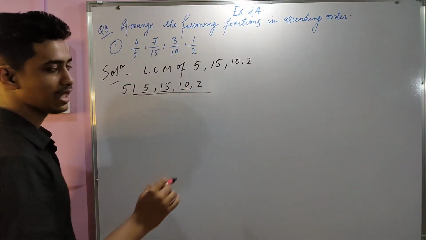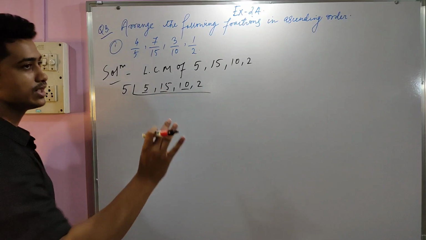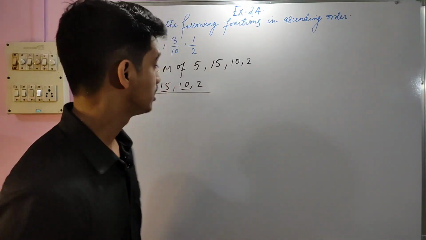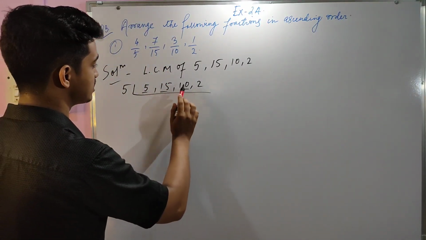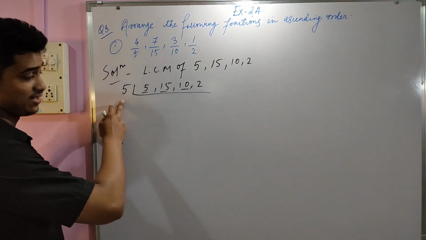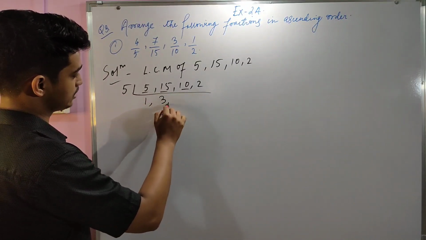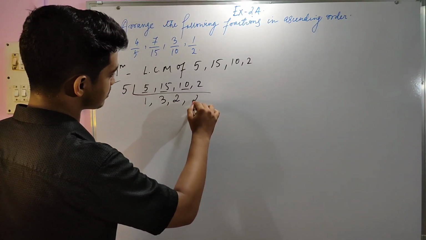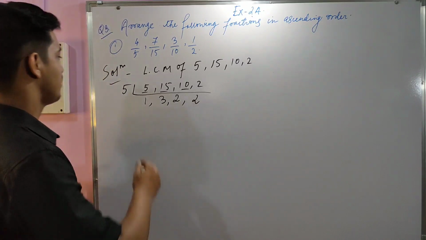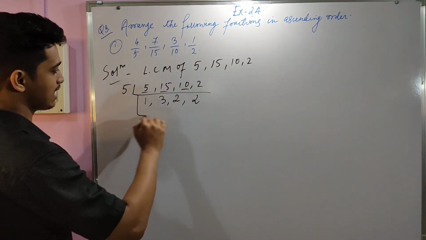And 2 and 10 have the common factor, that is 2. So 5, 15 and 10, these 3 numbers have the common factor 5. So what will come? 1 and then 3, then 2, then 2 will remain the same because 5 is not a common factor of 2. So 2 will remain as it is.